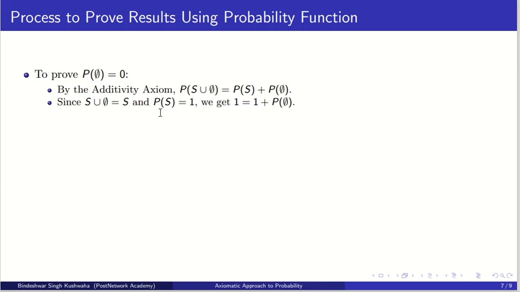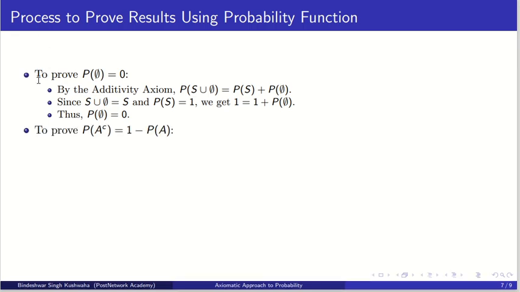We have already said that P(S) is equal to 1, so on the left side, 1 plus P(phi). So this will imply the value of P(phi) as 0.